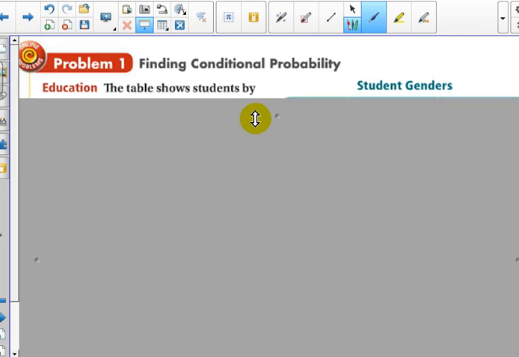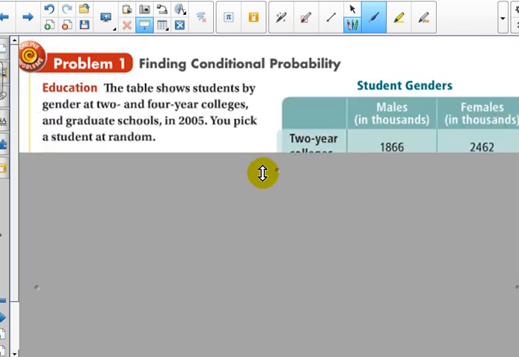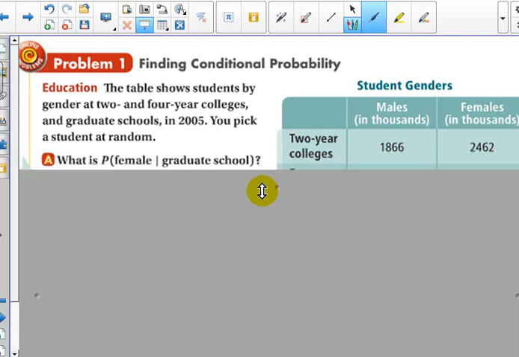So, it says in education, this table shows students by gender at 2- and 4-year colleges and also graduate schools in 2005. You pick a student at random. Now, if I pick a student at random, what is the conditional probability of female given that they are in graduate school?